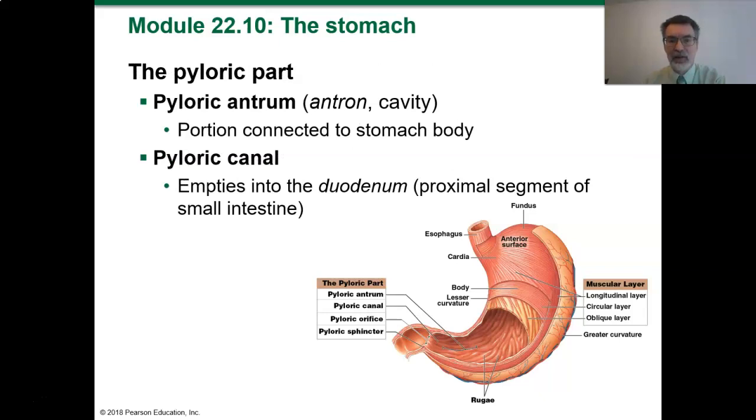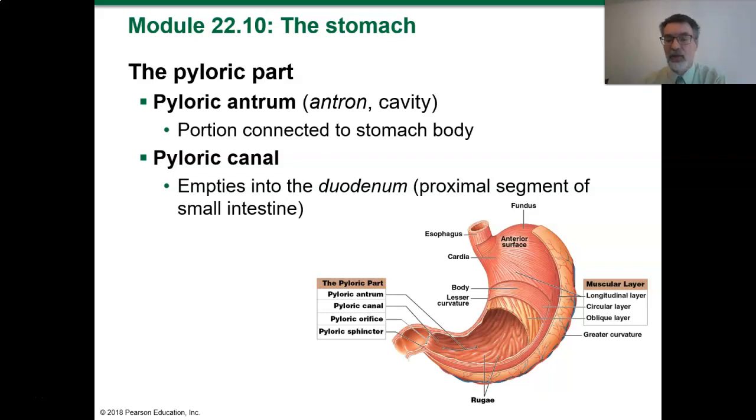Right? You get the pyloric antrum, the beginning of the pyloric area from the body, and then you get the pyloric canal. That's just meeting the duodenum, the beginning of the intestines. We have a very strong muscle, the pyloric sphincter, at the end of the stomach, much stronger than the gastroesophageal sphincter at the beginning of the stomach with the esophagus.